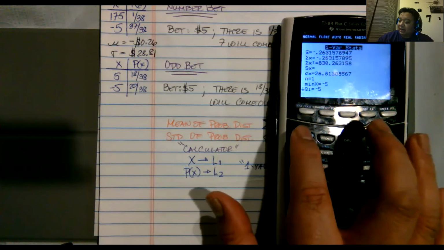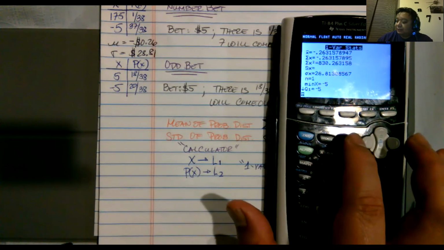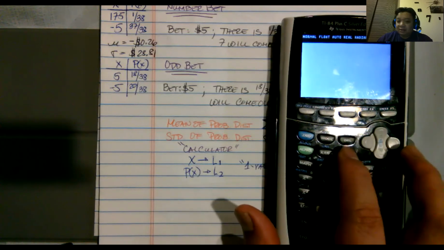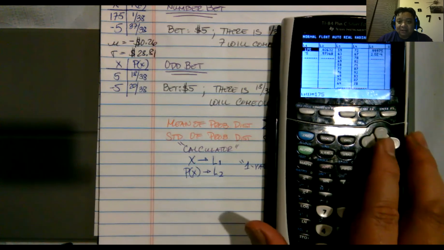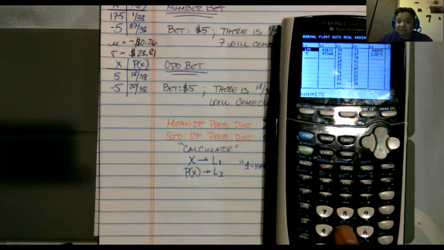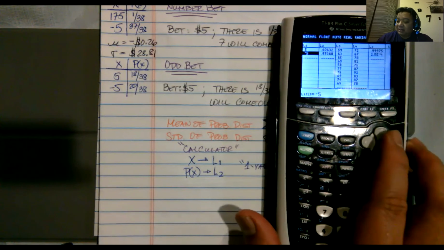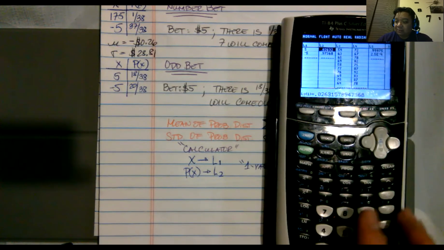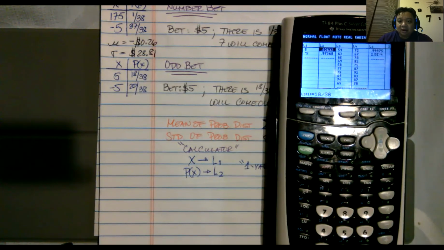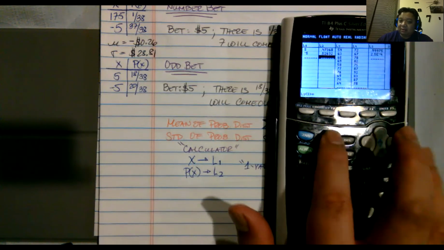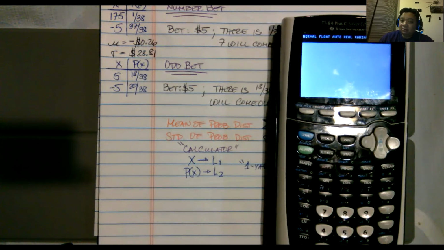Okay, so for the next one, check and quit on this one. So stat, edit again. I do have to change the 175. So the 175 now just becomes 5. The other one is -5. The first probability is now 18 out of 38. Right? And then the other probability was 20 out of 38. Right? And then quit to get out of the screen, and then do the same thing again, right?